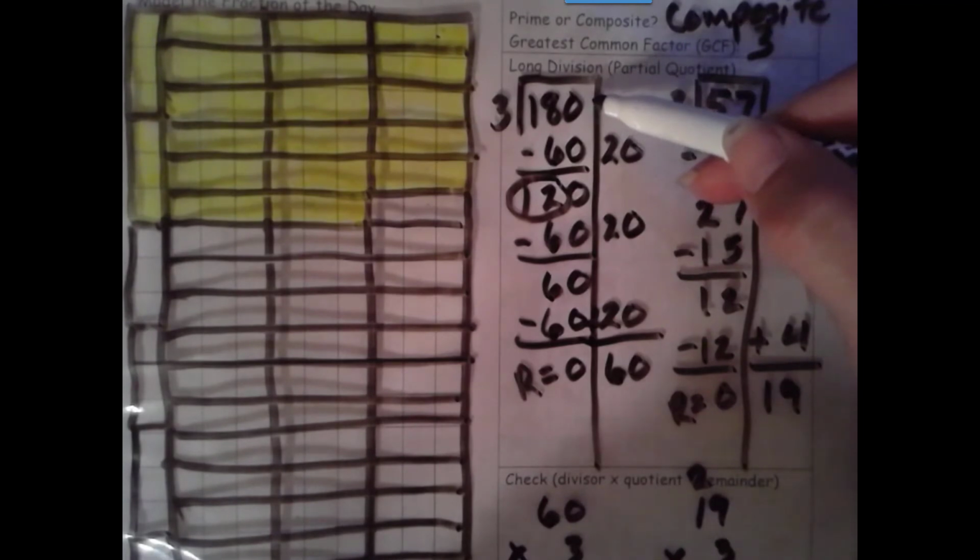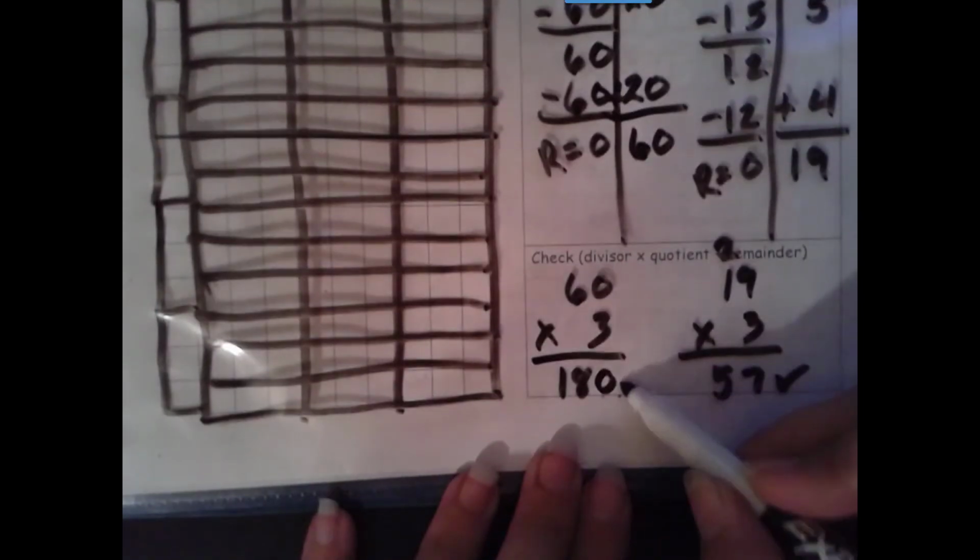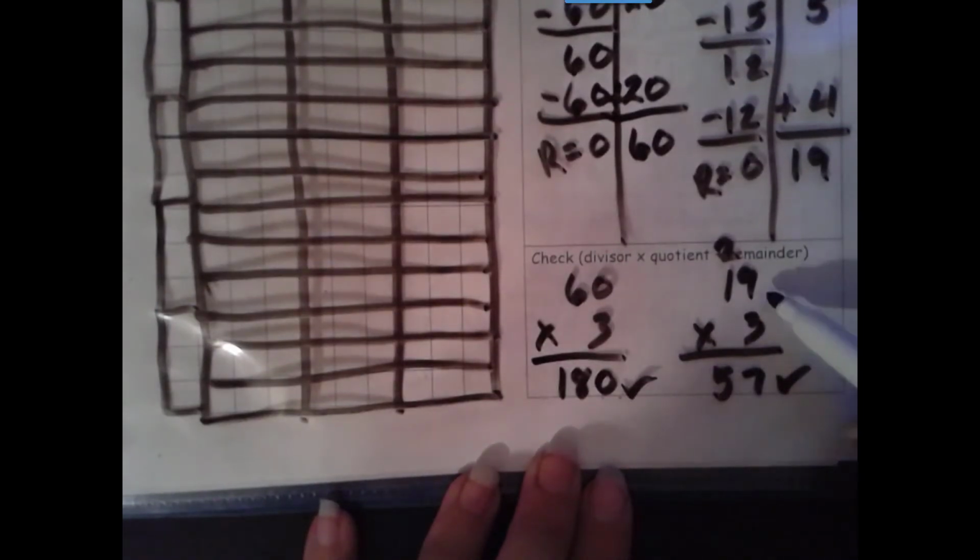So 57, that matches our dividend in here. 180, that matches our dividend in here. So that checks. So our numerator is definitely 19, and our denominator is definitely 60.